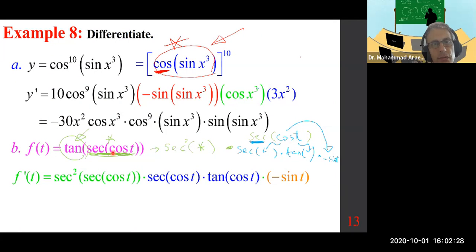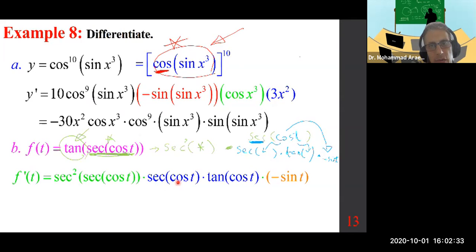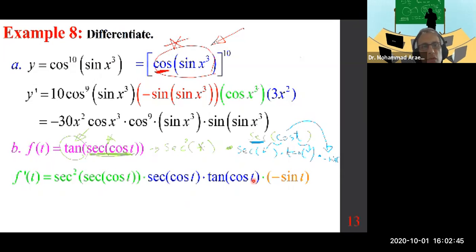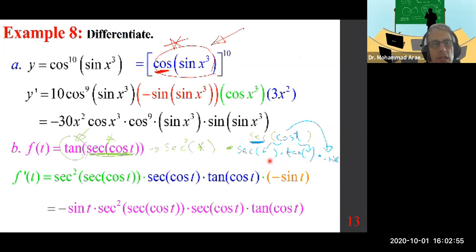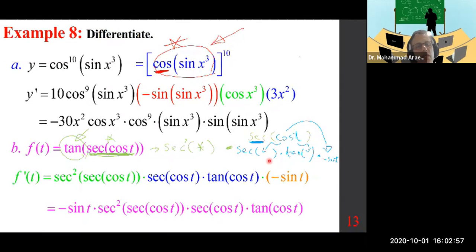The derivative of secant of cosine is secant tan, secant of cosine, tan of cosine. You see that? And finally, the derivative of the most inner piece, cosine, is minus sine t. So we are going to rewrite this. They are all in the form of a product. Okay. So negative sign sits in front, and the rest you can put in any order you want. It's a good practice to put this one in front. Okay, everybody?